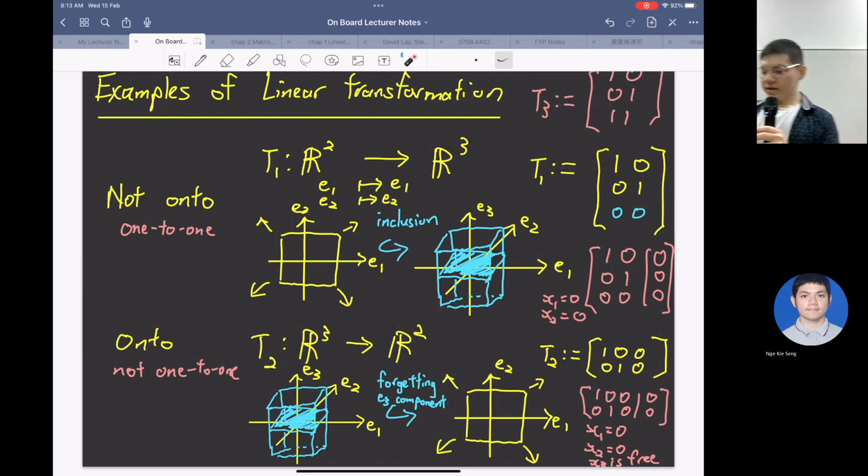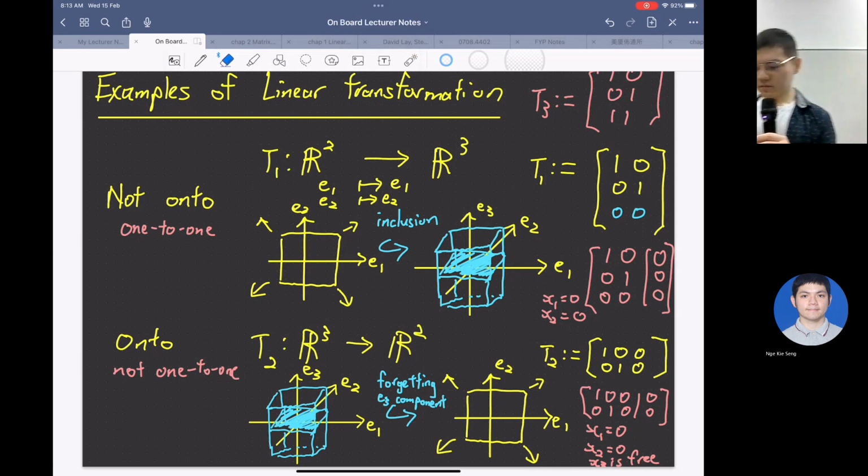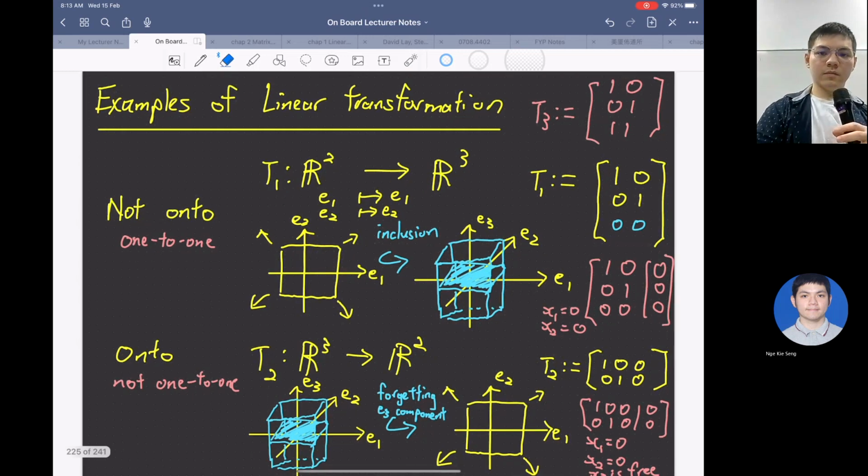Try to keep this example in your mind so that you know what's going on. Okay, all right, no question.